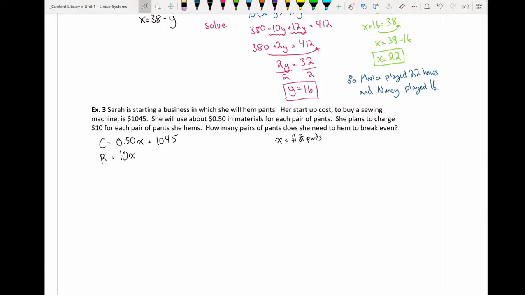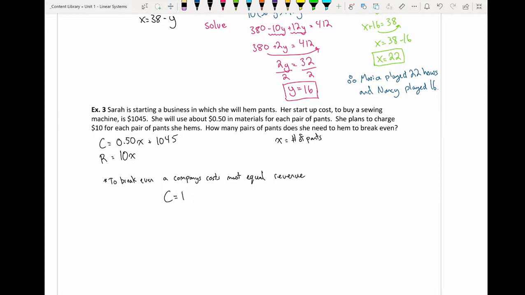In this case, in order to break even, a company's costs must equal the revenue. So C must equal R.